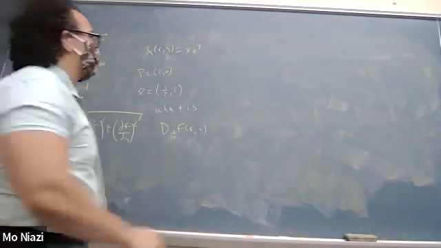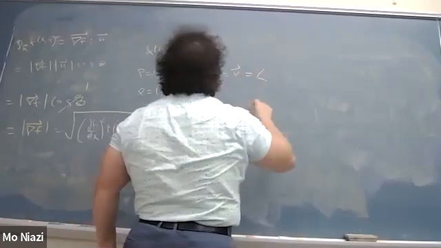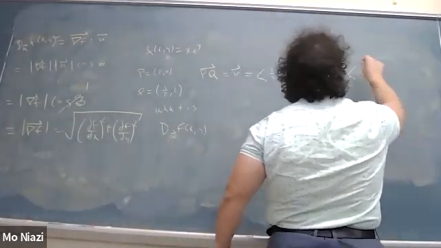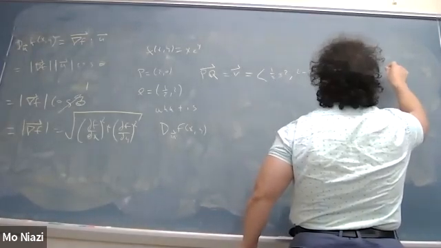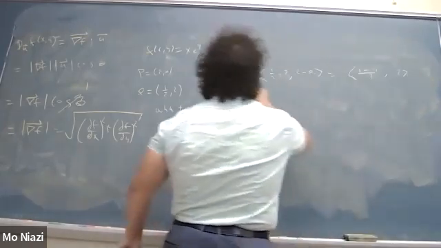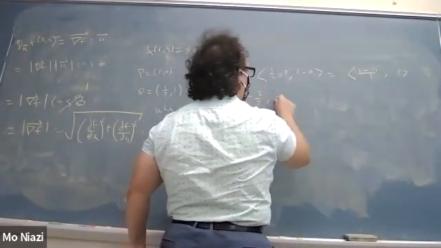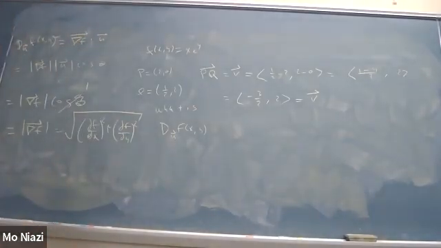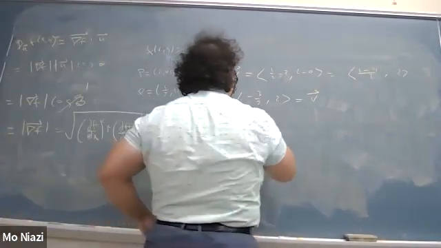So this means that PQ is our vector V. To get that, we get final minus initial. So this becomes 1 minus 4 all over 2, over 2. So this becomes negative 3 over 2. Okay. That's our V. We have to turn it into a unit vector now.